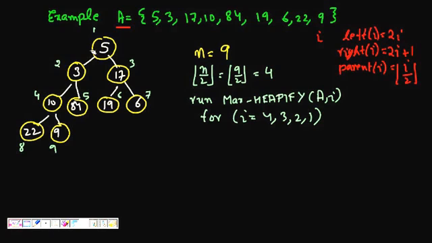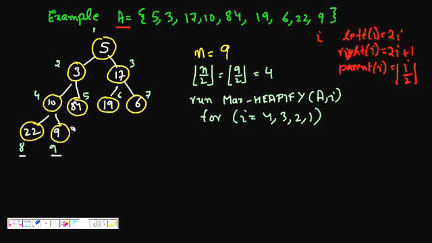So we can see in this heap also, 5 is at the first index, 3 is its left child, 17 is its right child, 10, and so on. Let's see this one, 4. The node with index 4 has value 10, and its left child, which is 22, has index 8, and this node has index 9.